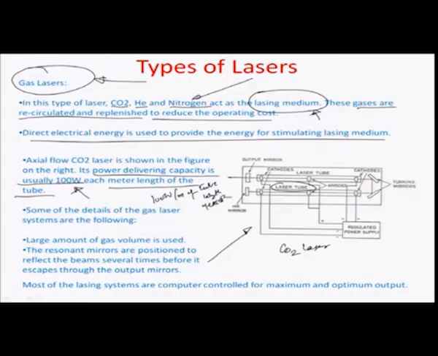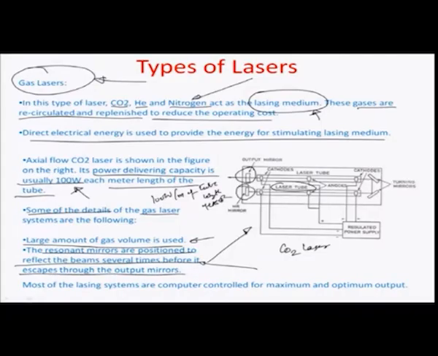So, there are some details which are needed to be understood for gas lasers particularly. One is that large amount of gas volume is used. The resonant mirrors are positioned to reflect the beam several times, and it is a sort of amplification process. So, the more you amplify, you basically put the same light which is coming out of the medium back into the medium again to have more and more stimulated emission till it grows over a certain intensity, okay, and it escapes through the output mirrors, which are these mirrors right here.